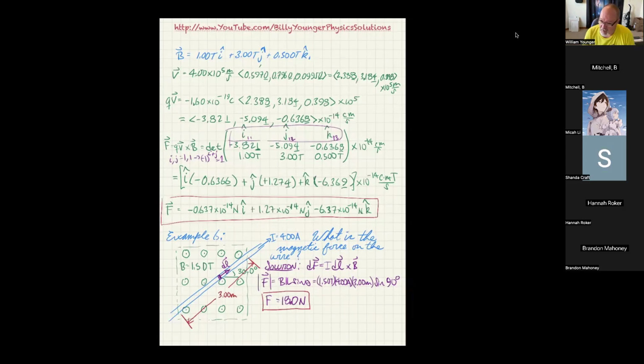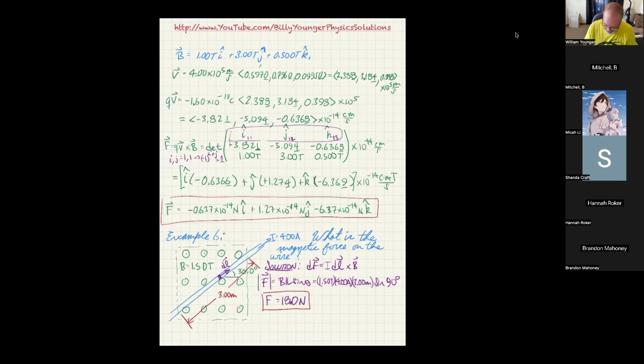And QV is coulombs times meters per second, so you get coulomb meters per second. So you can just treat the I dL like the index finger we had before, and we pretend it's conventional current. So the I actually points the way positive charges would be flowing. So we point it up and to the right at that 30-degree angle. Then B has to come out.